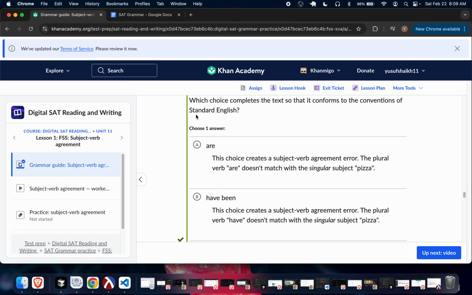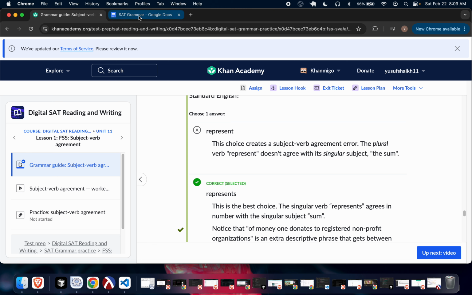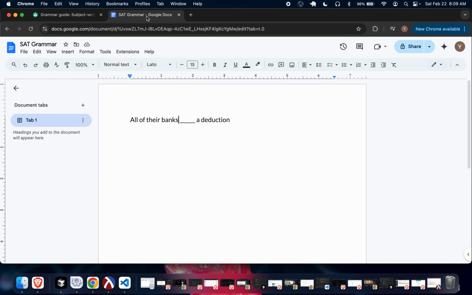In that case, I would use this version of the verb. I would use all of their banks represent a deduction, right? Because this is plural, I would move to the plural represent. But back to our example, we have the sum of money, this is singular, right? So then we use represents. That's the singular version of the verb.